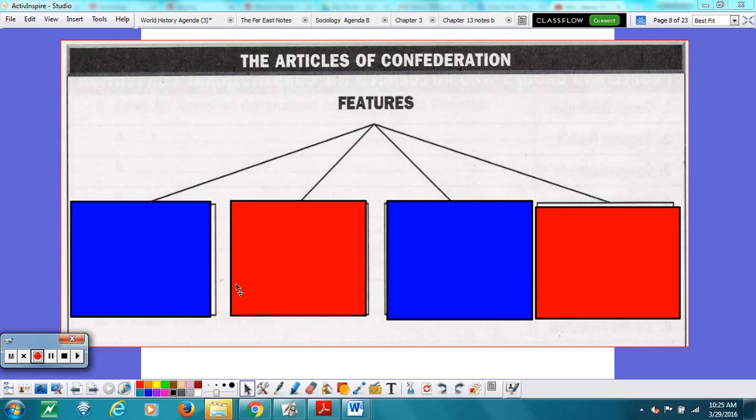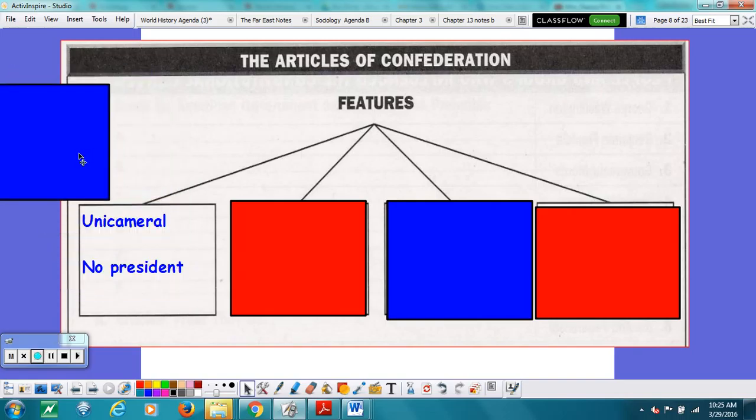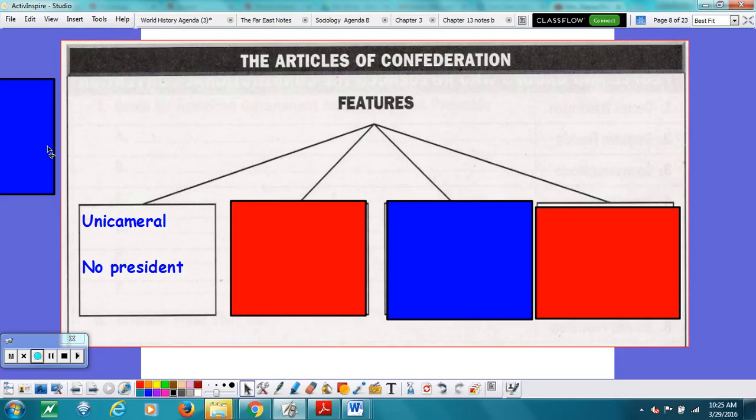All right, one of the things that we discussed the other day in class was that the Articles of Confederation, well, they had a few flaws. And to help you understand that, we need to look at the features. One being the fact that we had a unicameral, a one-house body of the legislative branch.